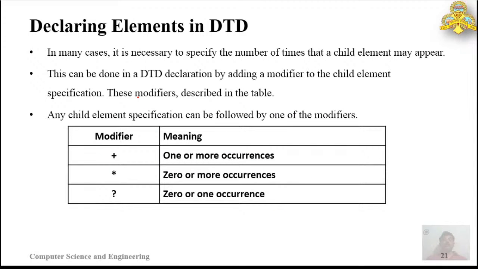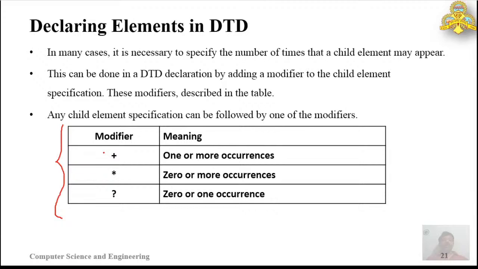Also, whenever declaring an internal node, there are possibilities that the same child node may appear more than one time. When this is the case, we have to specify the appearance of these child nodes, and for that DTD provides some modifiers as given in the table.